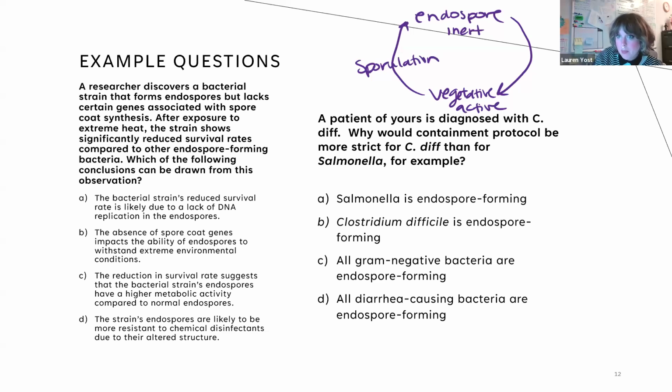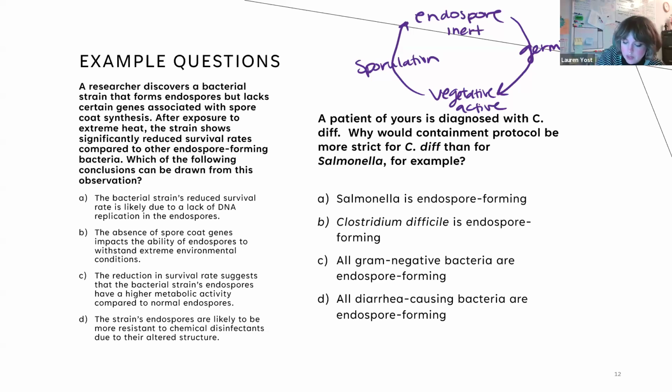If you're an endospore becoming active again, that's germination. Think of the endospore as being like a seed. The seed isn't growing. Once the seed starts to grow, it's becoming a plant, it's becoming vegetation. And that seed, when it is becoming vegetation, is germinating. So it's the same concept here, okay?